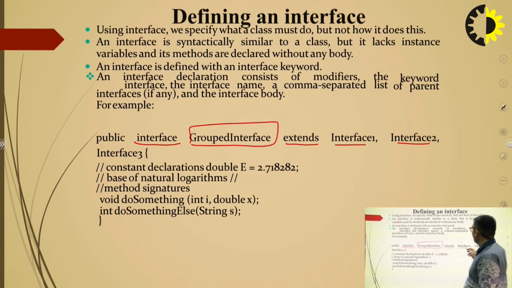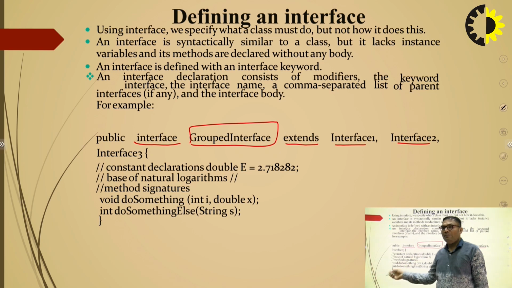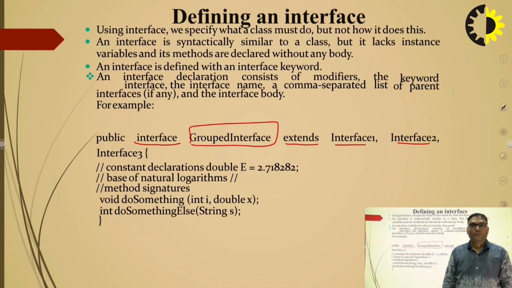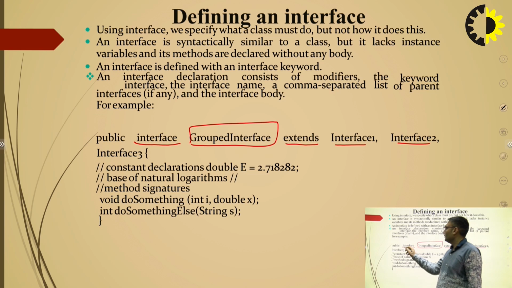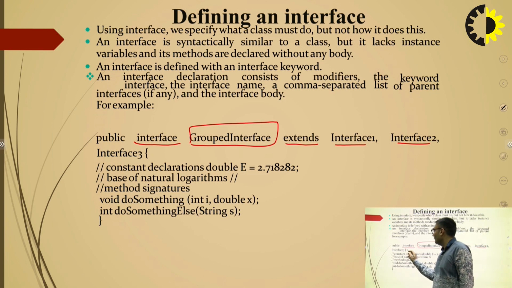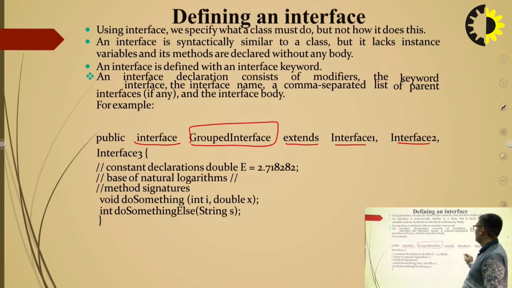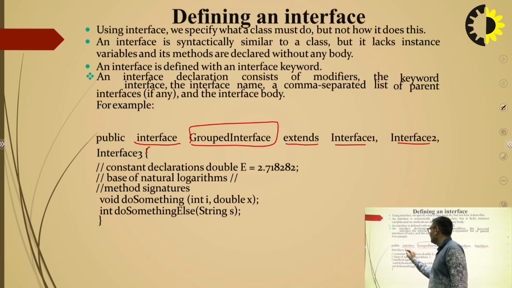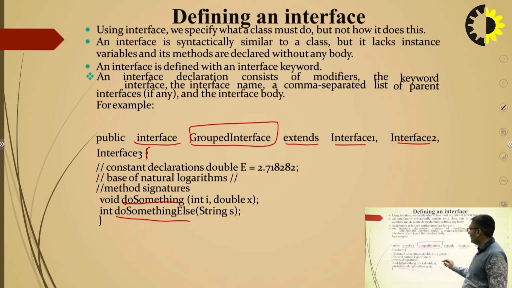So interface 1, interface 2, interface 3 can be other interfaces, super interfaces you can say, and we can extend multiple interfaces in a single interface. Further, we are defining this interface where there are two methods, do something and do something else. Here you can see there is no body of these two methods.